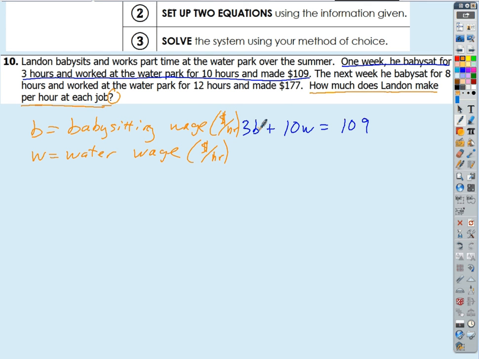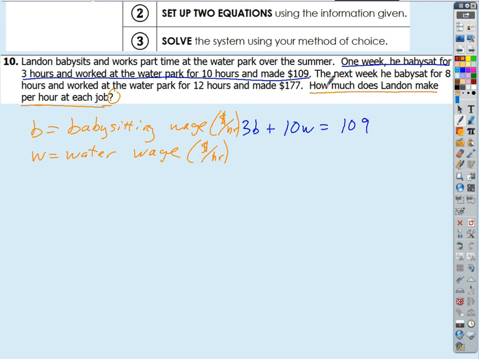Can you see how those units work there? That's dimensional analysis, and it's great in math and science. You know you're looking at the right kind of thing if the units give you what you expect. I'm multiplying hours times dollars per hour, the hours cancel and I get dollars. We're on track then. This is the amount of money from babysitting, this is the amount of money from the water park, and it adds up to 109.